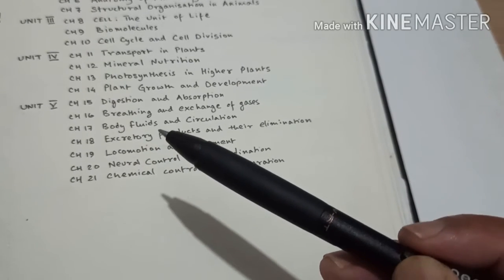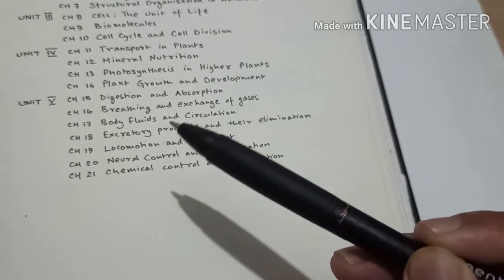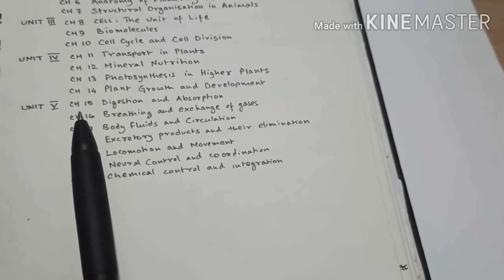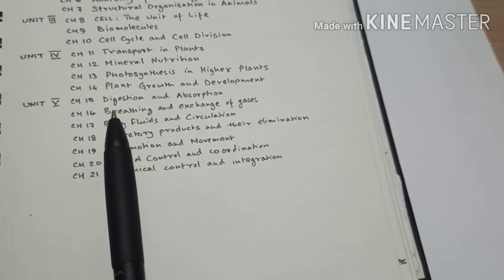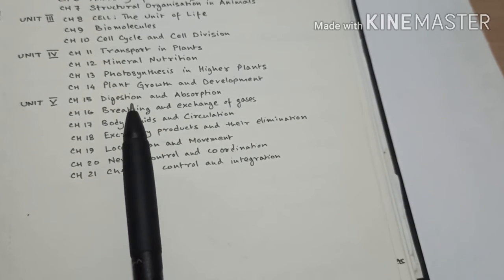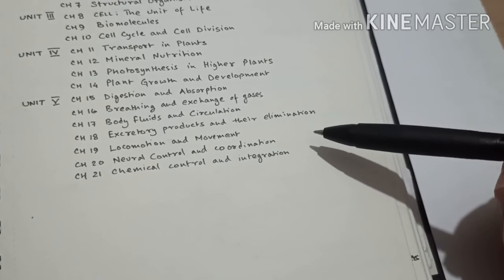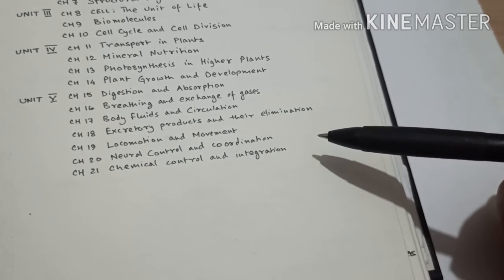Unit 5 is majorly human physiology, and thus it creates an idea of how different physiological processes are running in the human body and what their functions are.